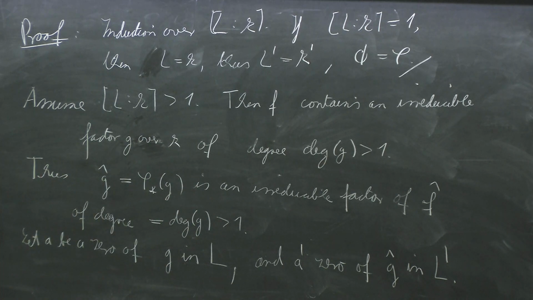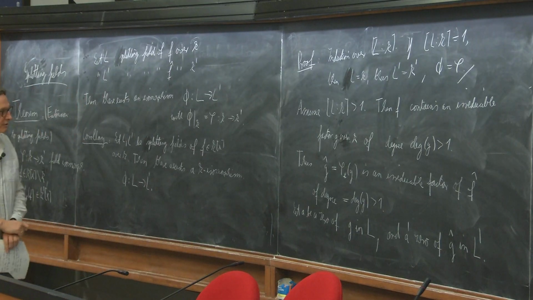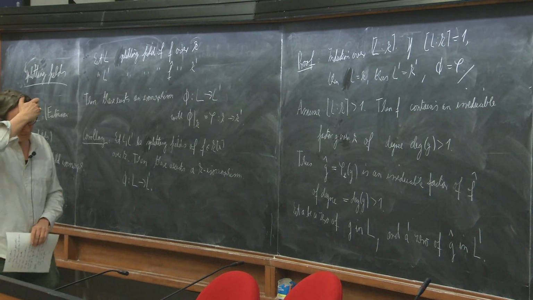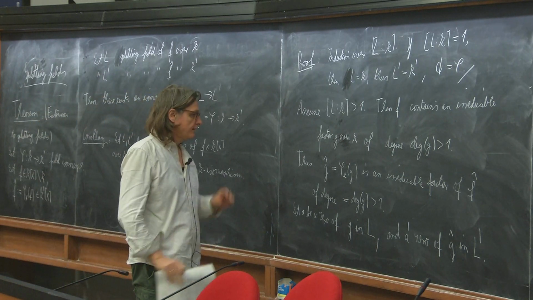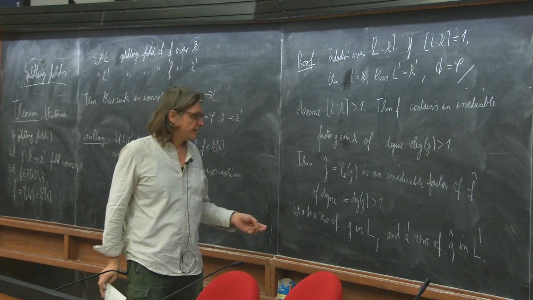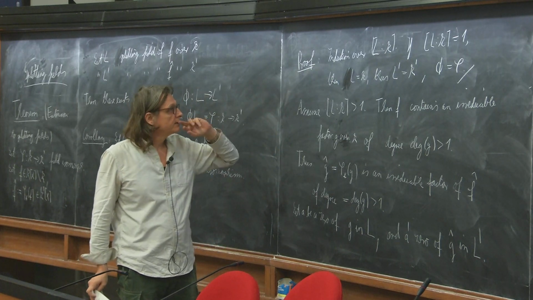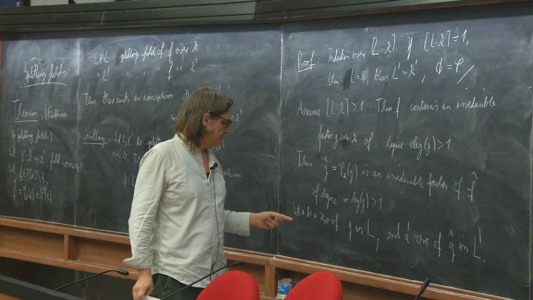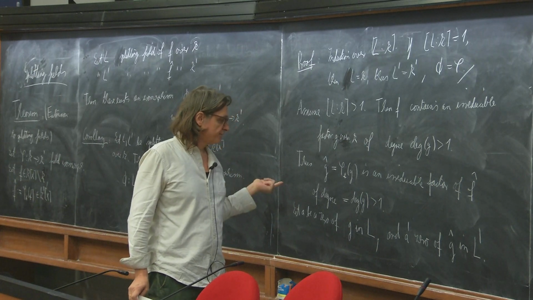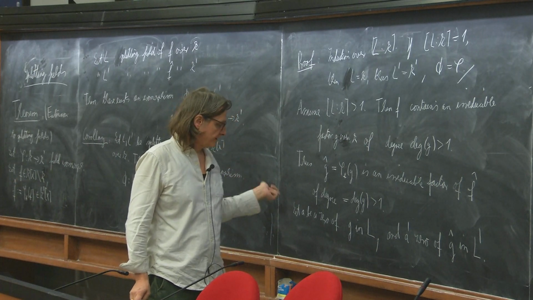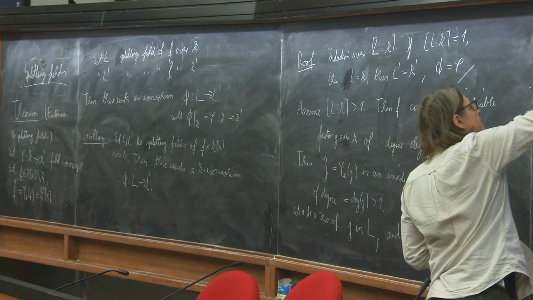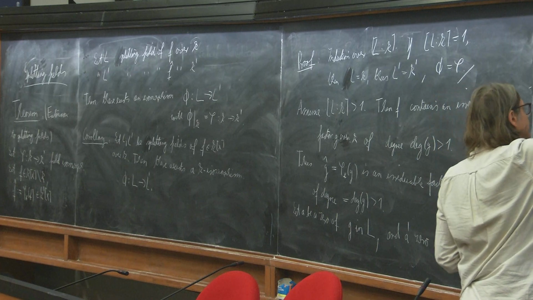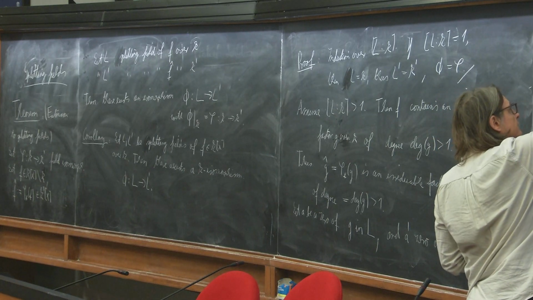Then, according to our theorem about the extension of field homomorphisms to simple algebraic extensions, there is an extension of our original phi to an isomorphism from K(A) to K prime(A prime). It is actually unique, but it doesn't matter now.